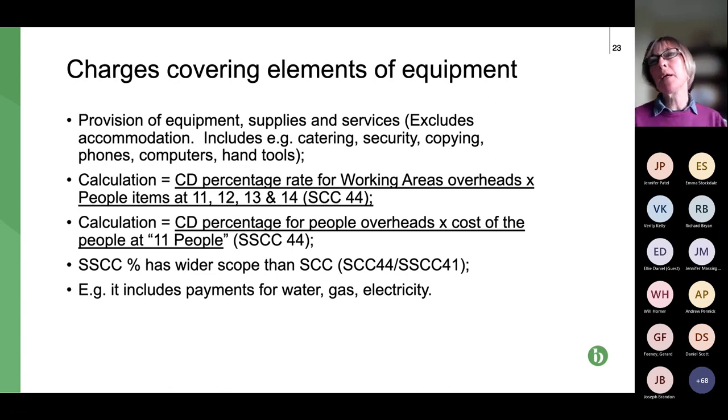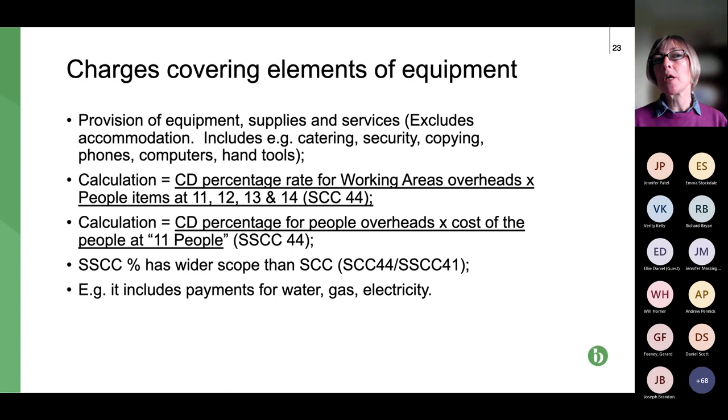So if, for example, you have a particular compensation event, you calculate the cost of your people, the first item we looked at, and then you apply whatever the percentage is to work out the cost of some of the charges. So things like, typically, the consumables, the gas, the electric, etc., and some other bits and pieces.